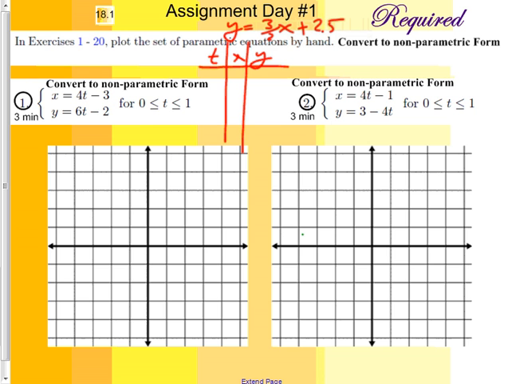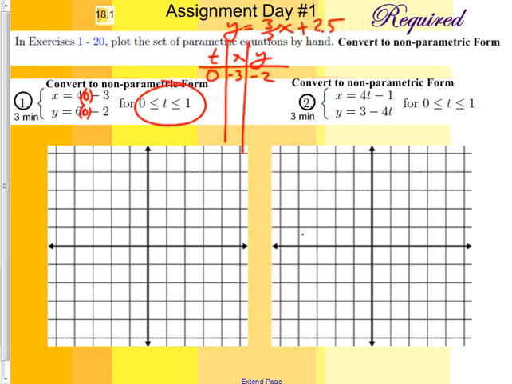And what's the first logical point to put in? Well, it says right here between 0 and 1, so let's use 0 for sure. And so if I put in time as 0, what will that point give me? Well, I stick a 0 in here, and I stick a 0 in here. And you can tell the x and the y really easy. What do they come out to be? X is -3, y is -2.